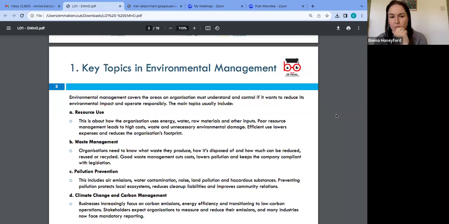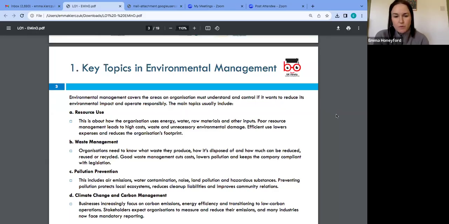And then we have pollution prevention. So this includes air emissions, water contamination, noise, land pollution, and hazardous substances. And obviously that can look different depending on what the operations look like for an organisation. So preventing pollution protects local ecosystems and biodiversity as well.